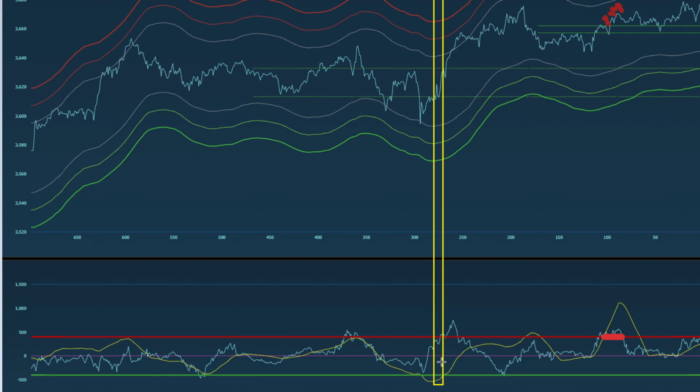And it actually kind of looks like a pretty good setup historically. About 90% of the time when this happens, you should go with the direction of Momo 2.